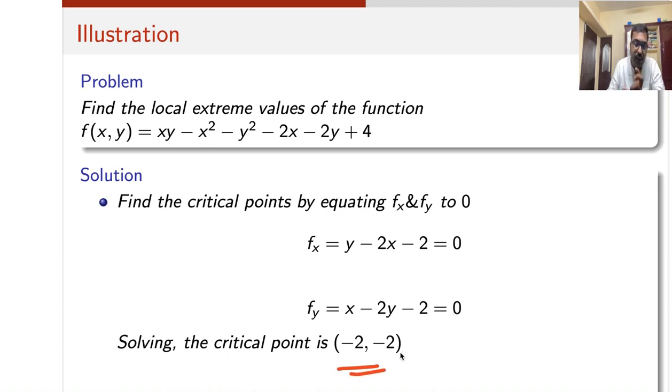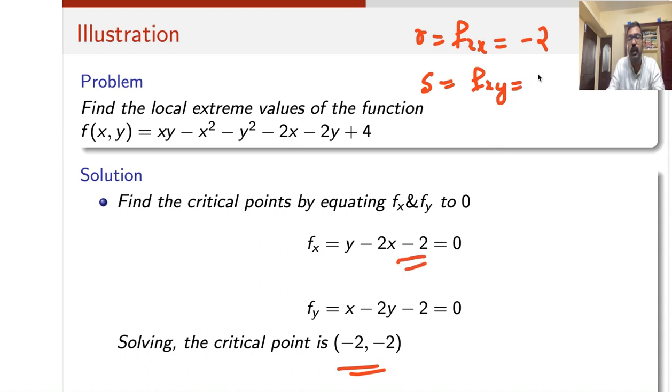Now you have to check whether this critical point is a relative maxima or minima. For that you need to find the second derivatives. So what are the second derivatives? One is your r, which is nothing but your fxx. What is fxx? Your fxx is actually minus 2. Next is s, which is your fxy. Differentiating with respect to y, that is nothing but 1.